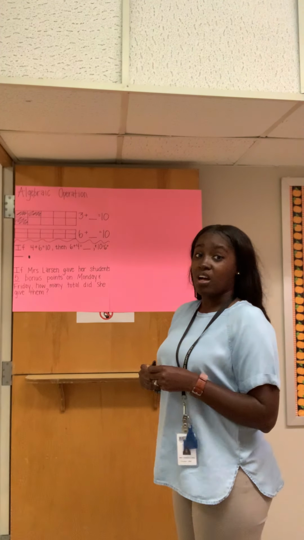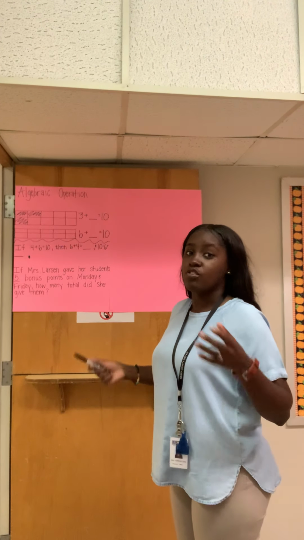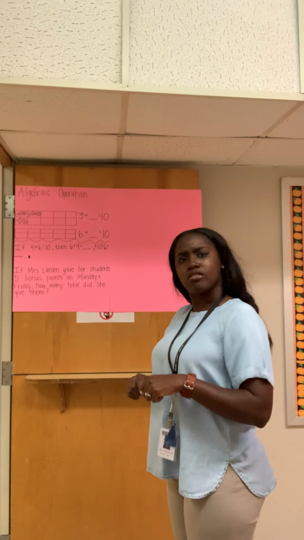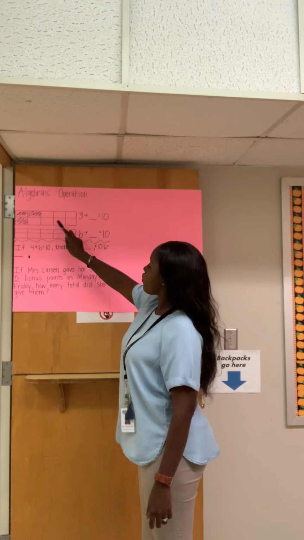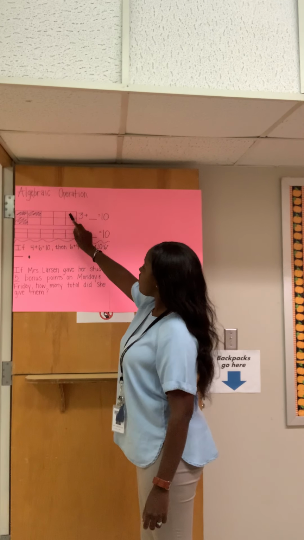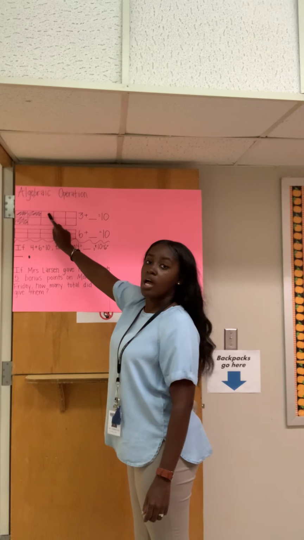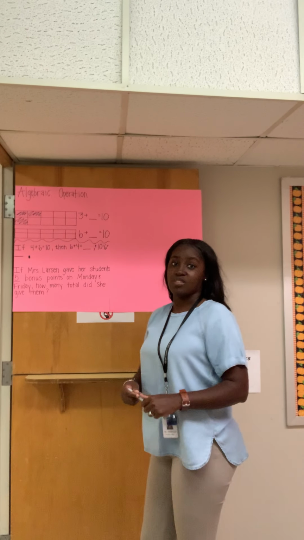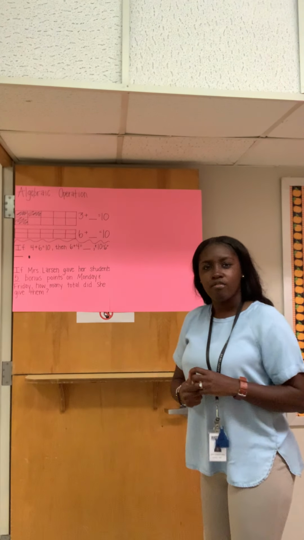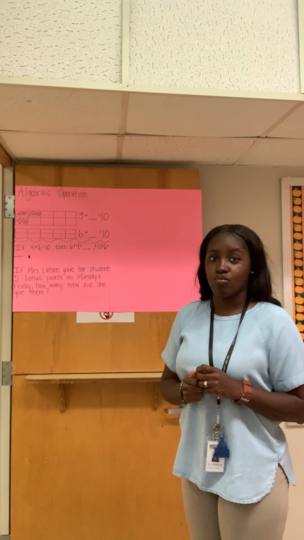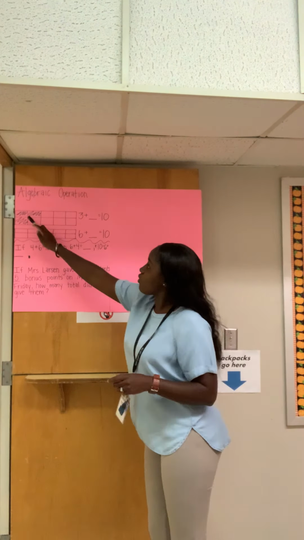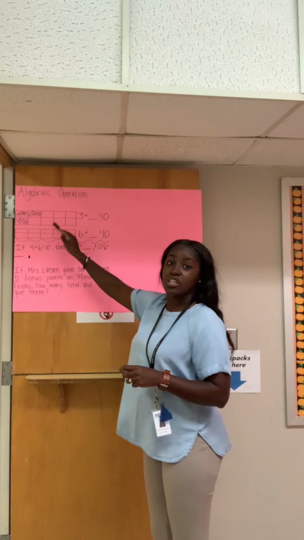Let's count the boxes that are not shaded. 1, 2, 3, 4, 5, 6, 7. So we have 3 shaded, then we have 7 that are not shaded. But we know that we have 10 altogether.